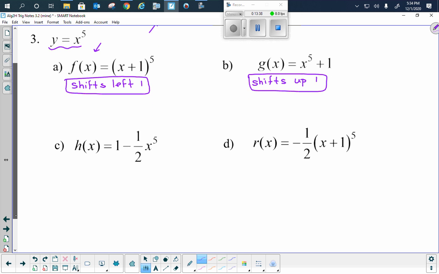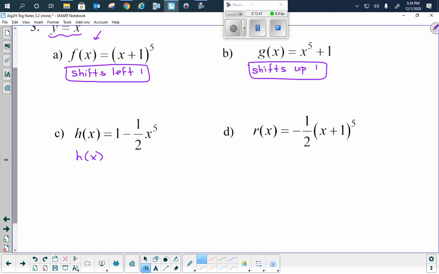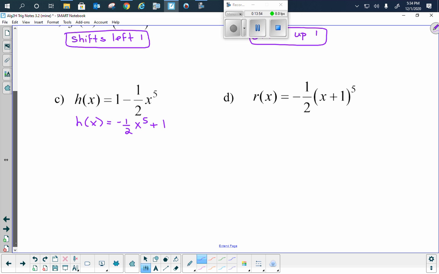All right, C, probably want to put it in the right format first. Descending order, negative 1/2 x to the fifth plus 1. So now I know the x to the fifth term wins out. The negative 1/2, well, let's talk about what the 1/2 does first. If you're multiplying your x values by 1/2 to get the h of x values, hopefully you're thinking that makes it wider, it shrinks it vertically, whatever wording you want to say.